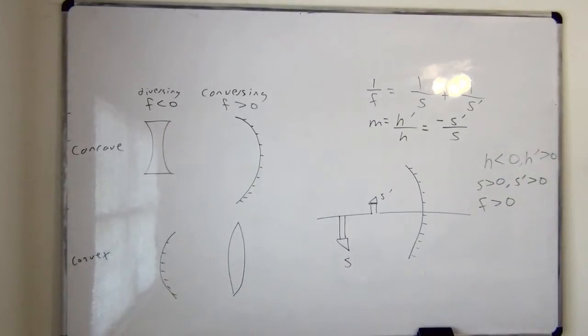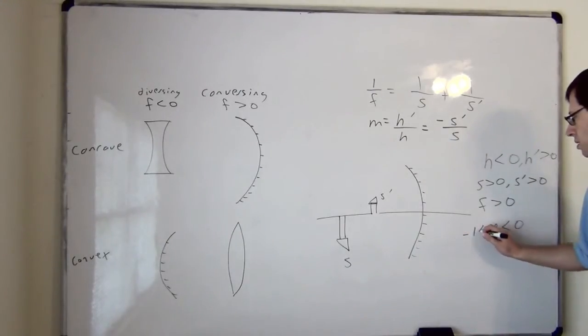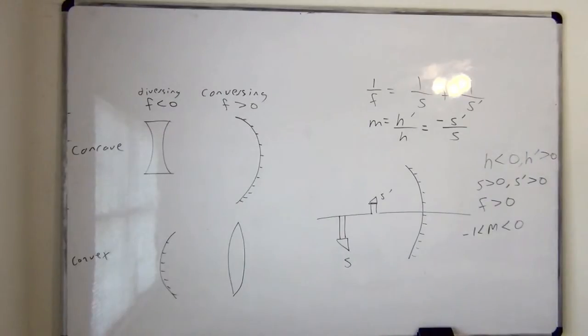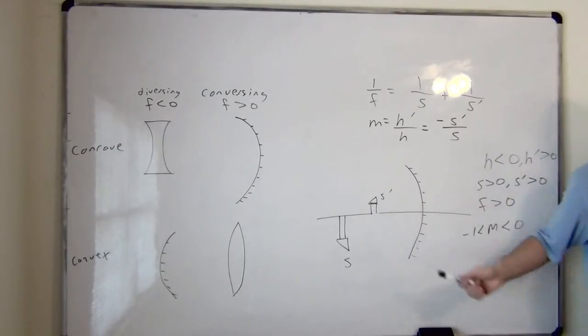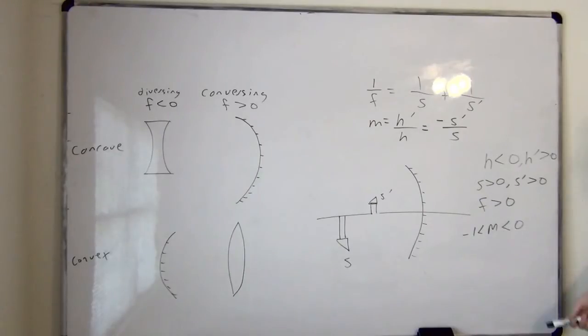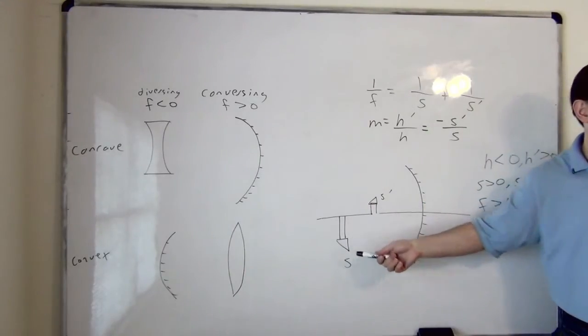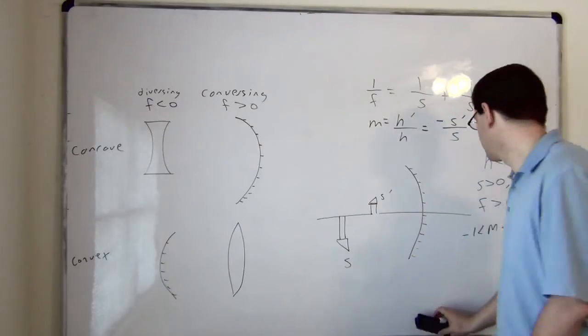And M is negative. And it's smaller, so M is between -1 and 0. Okay, that's very good. I wanted to point out the difference between M and H prime. H prime here is positive because the image is pointing up from the principal axis, but M is still negative because this is the opposite orientation to this. Okay, good.